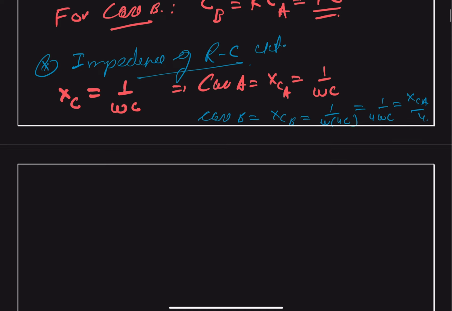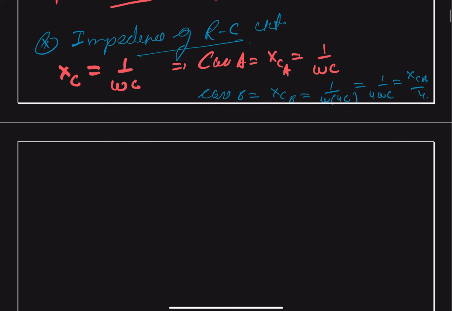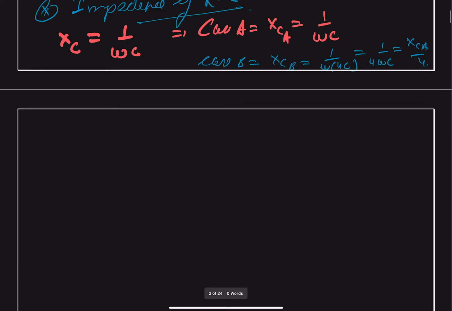And we know that the total impedance of the series RC circuit, that is Z, is given as the square root of R square plus XC square.